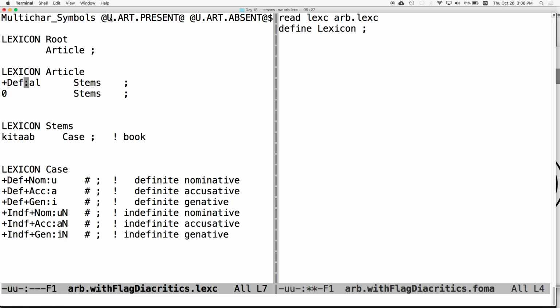Okay, so what does it mean? Yeah, we're setting the article feature to be present, okay? More formally though, we're unifying it.